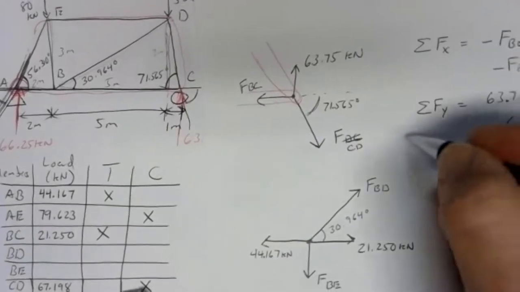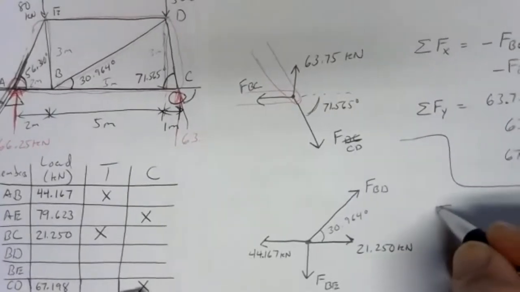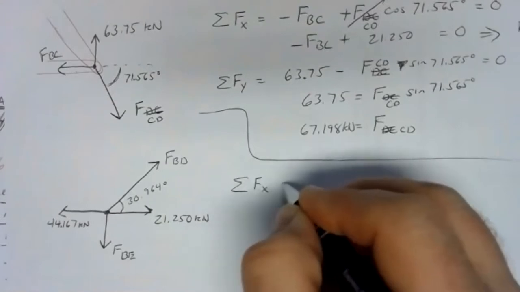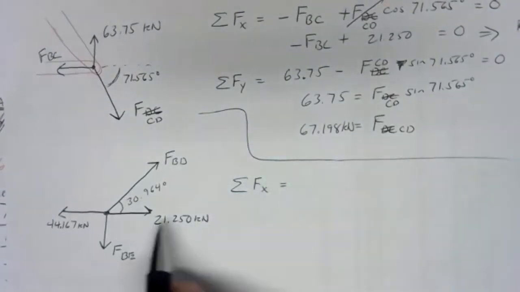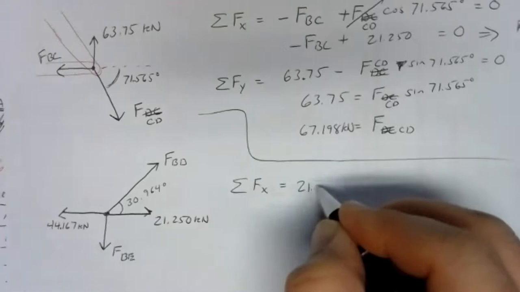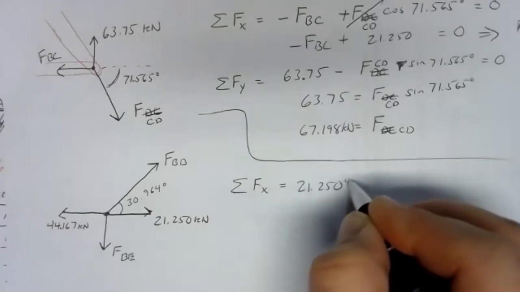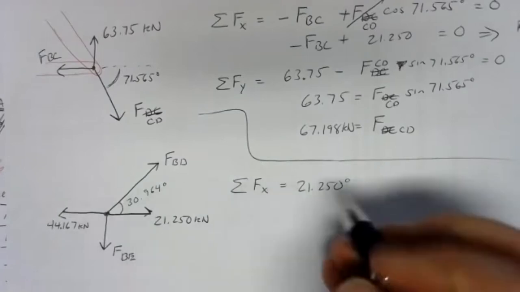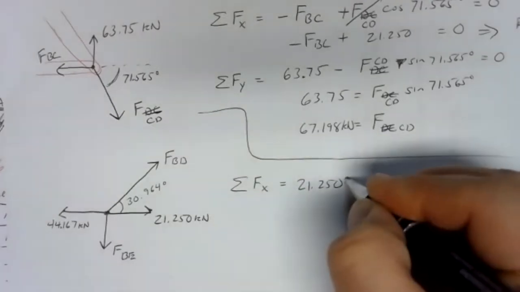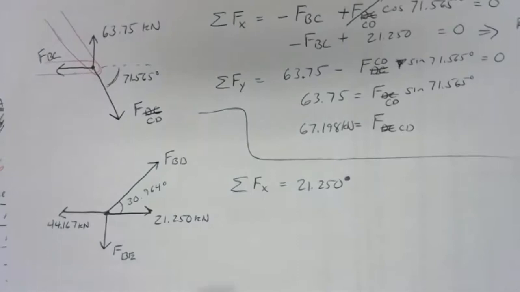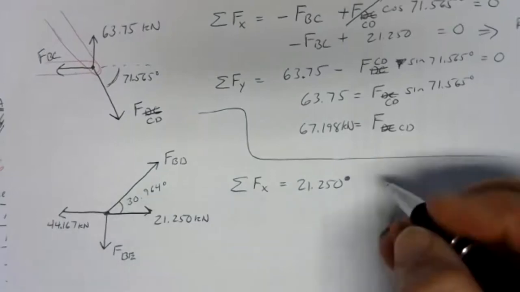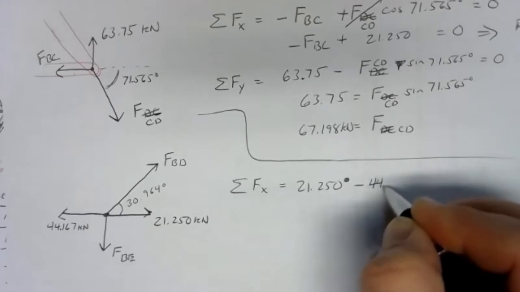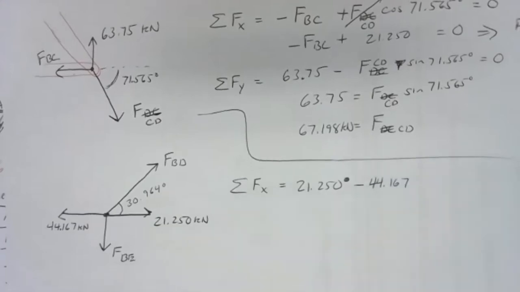Take our sum of forces in the x direction. In the x direction, we've got all of this 21.250. We've got all of this, and that's to the right. I don't know why I wrote degrees there, but 21.250 to the right. We've got 44.167 to the left, so minus 44.167.